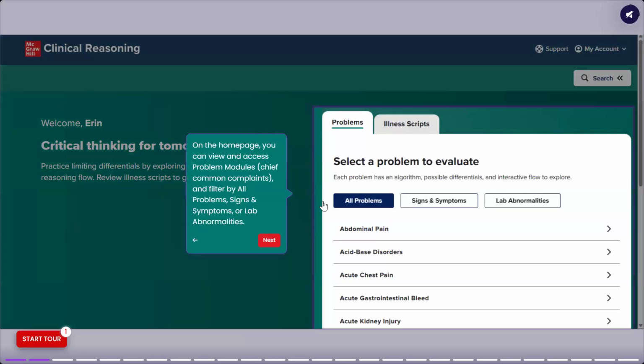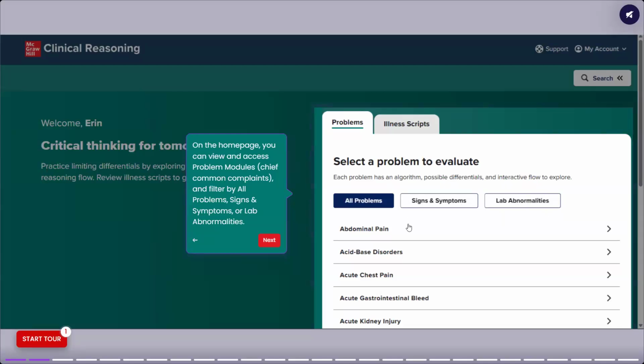We are basically looking at two tabs where we can start. The first one is the problems. So we're looking at different problem modules and also the illness scripts. With the problem modules, we can look at all the problems or filter on problems based on signs and symptoms or lab abnormalities.